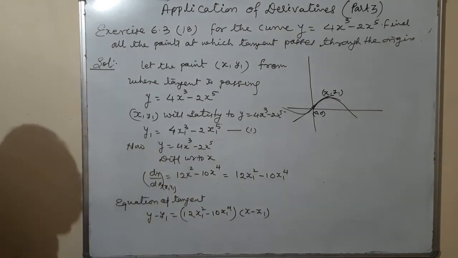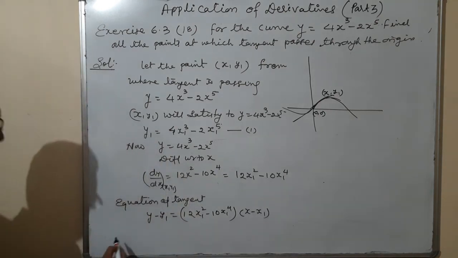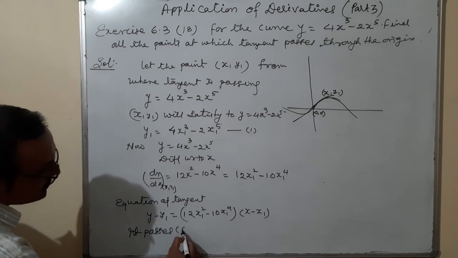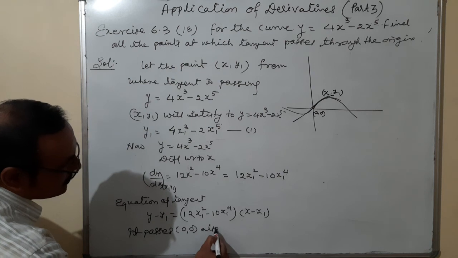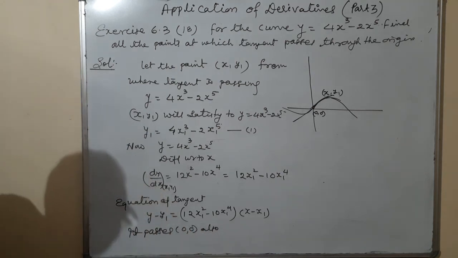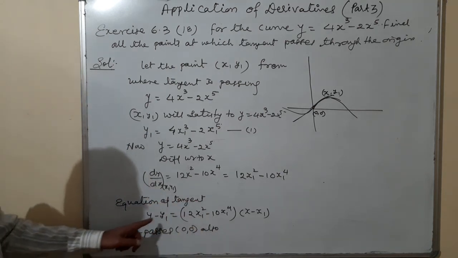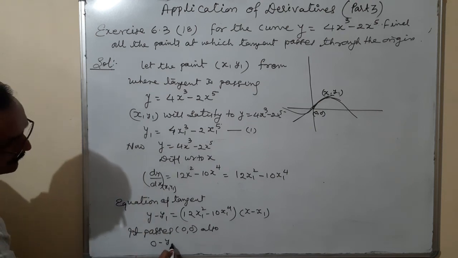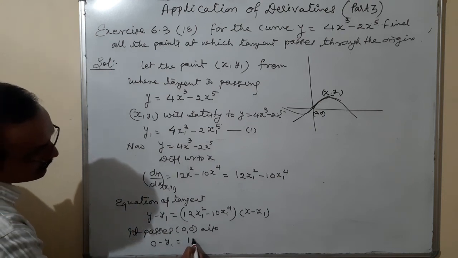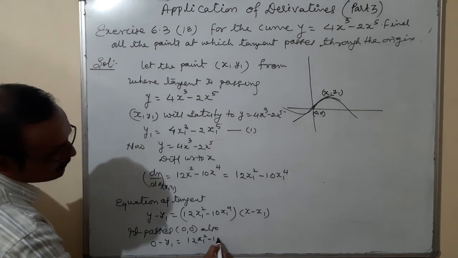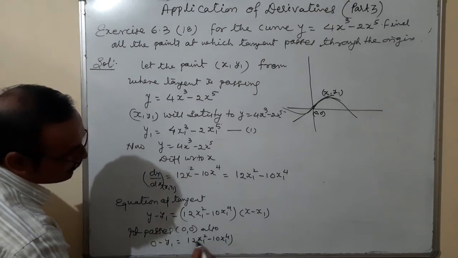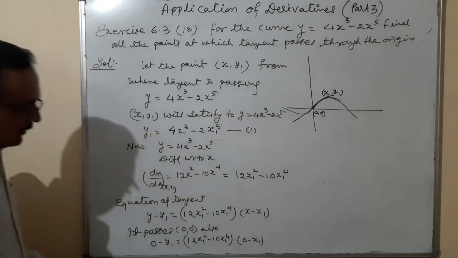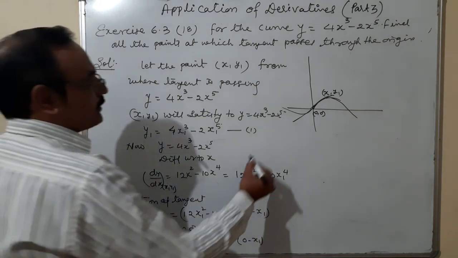It passes through the origin also, it passes 0, 0 also. So it will satisfy the point, where in place of x, y I put 0 and 0. So when I put 0, 0: minus y1 is equal to 12x1 square minus 10x1 to the power 4, times 0 minus x1. Then what is coming here?